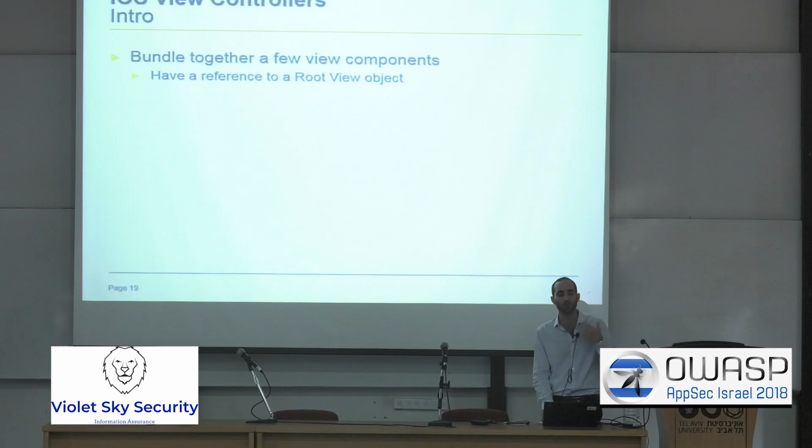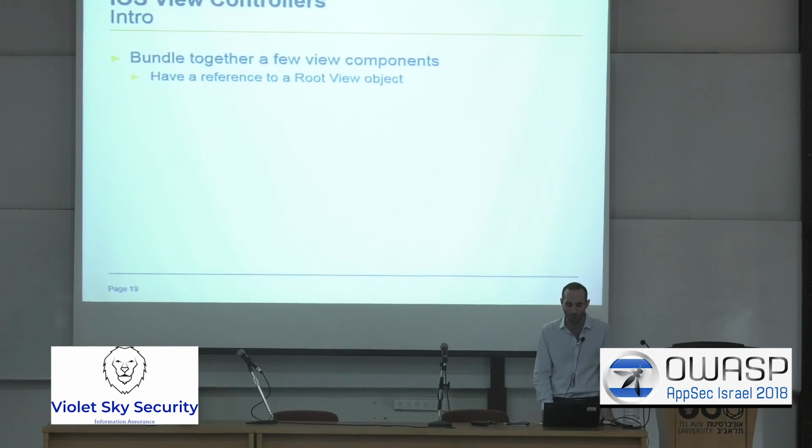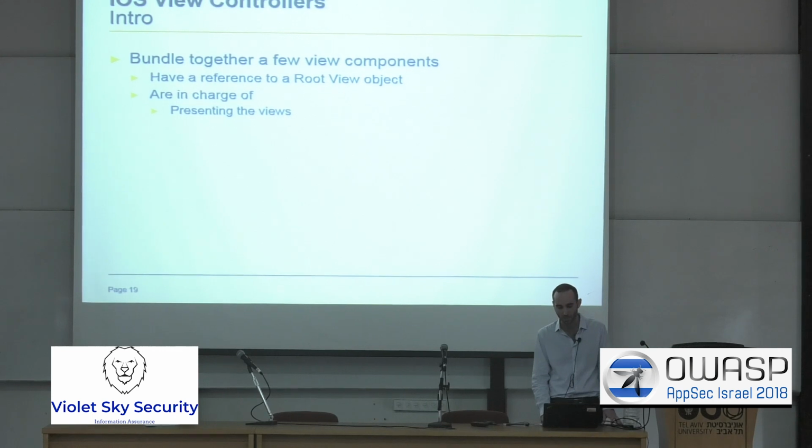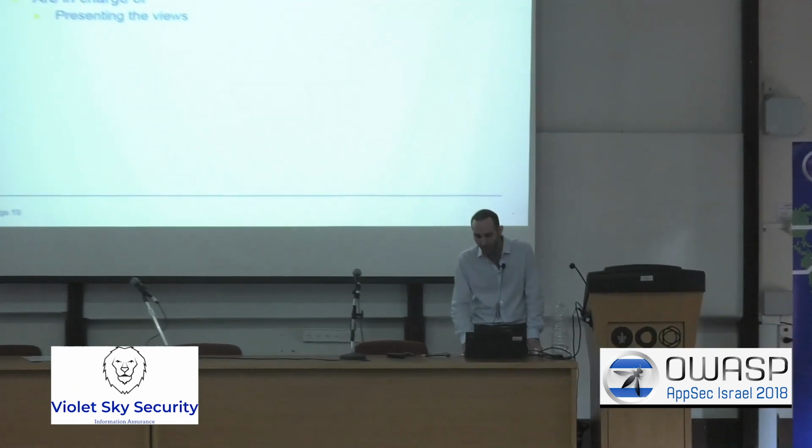There's a root view object which contains all the views of this component, and the view controller has a reference to that root view object. They are also in charge of presenting those views, as we said that controllers are, and they also handle the interactions, meaning they execute the code that is related to the interactions with this view. They are also in charge of communicating with other view controllers.